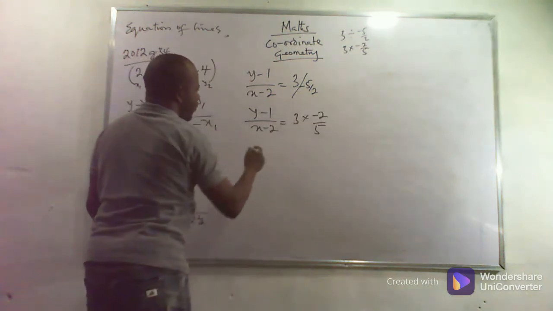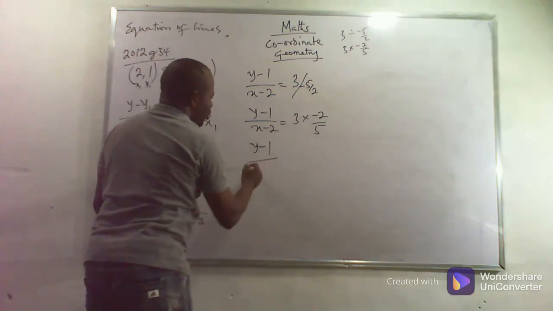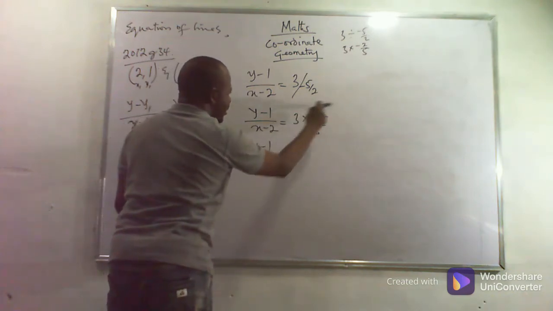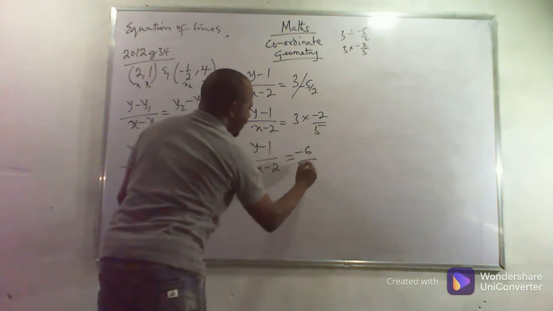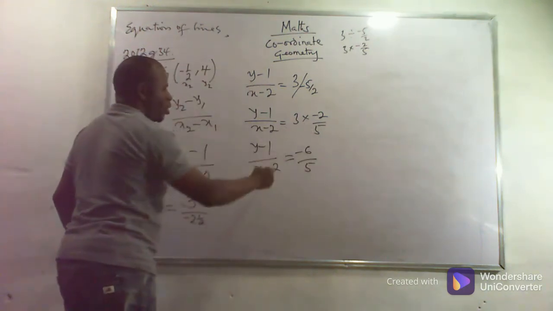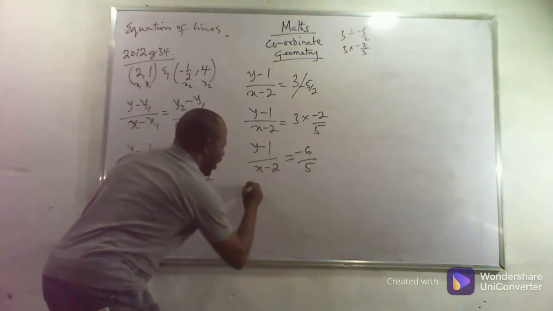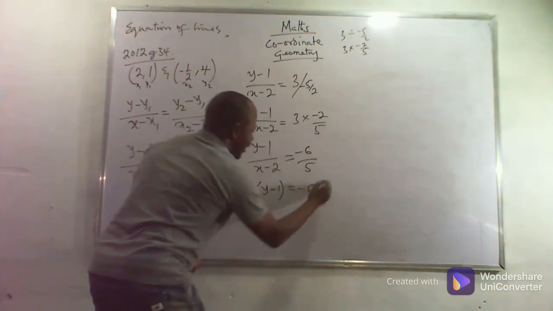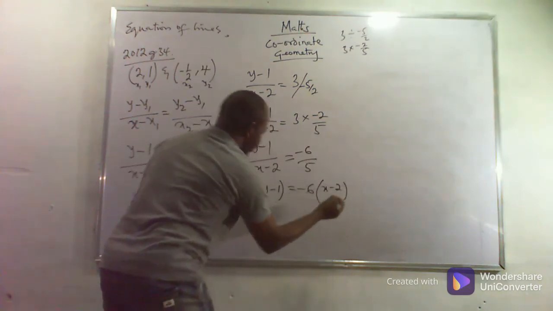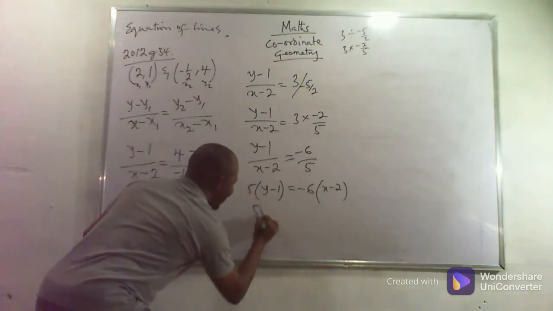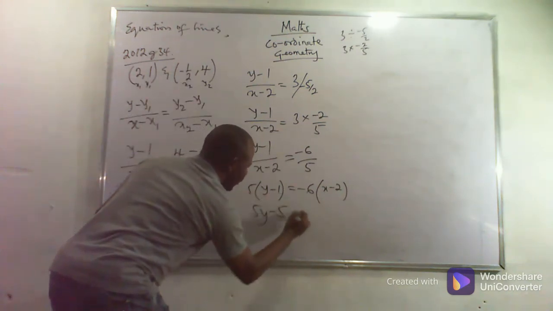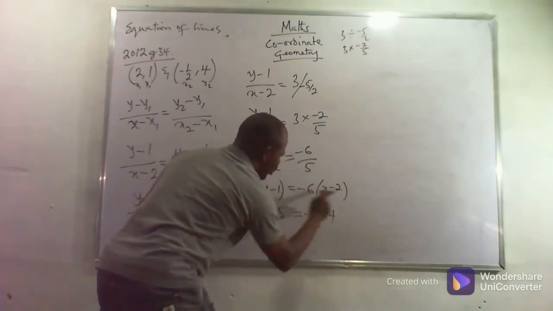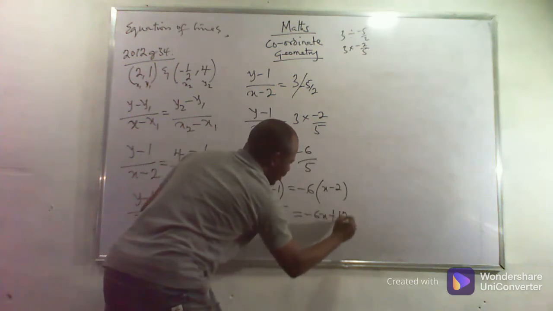So if you solve that, you have y minus 1 over x minus 2 equals minus 6 over 5. So we can now cross multiply. We have 5 brackets y minus 1 equals minus 6 brackets x minus 2. Open the bracket: 5y minus 5 equals minus 6x, and minus times minus plus 2 times 6, 12.